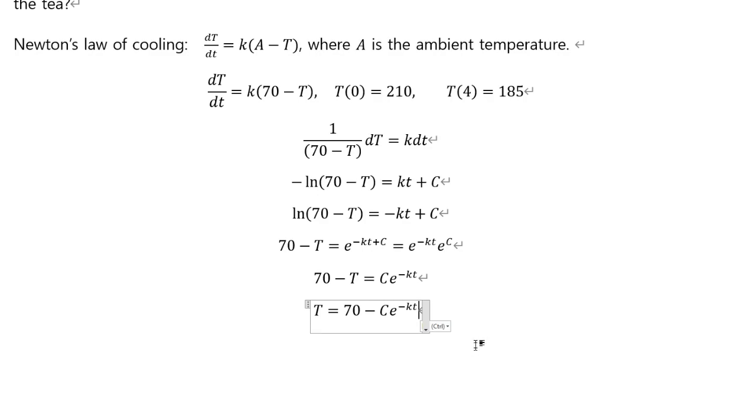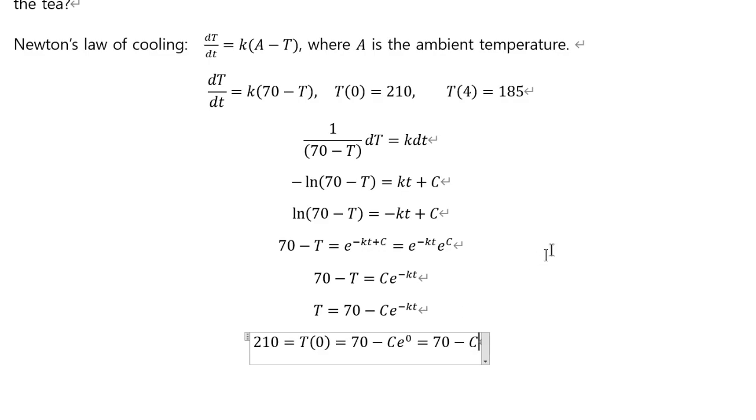And then now what do we do? We now apply the initial condition. T of 0 is 210, right? So 210 is T of 0, then that's 70 minus c times e to the 0th power, which is just 70 minus c.